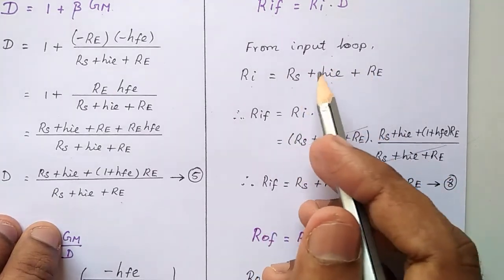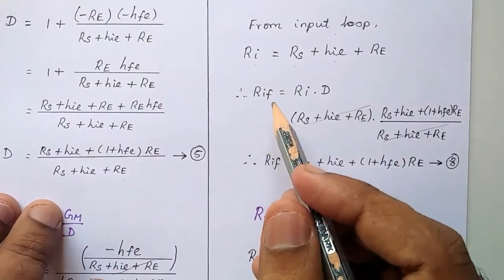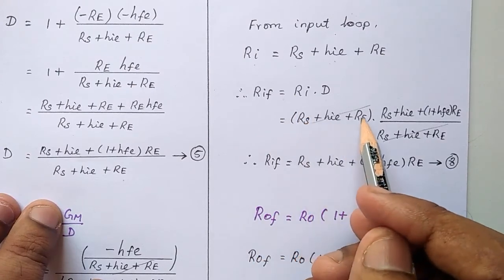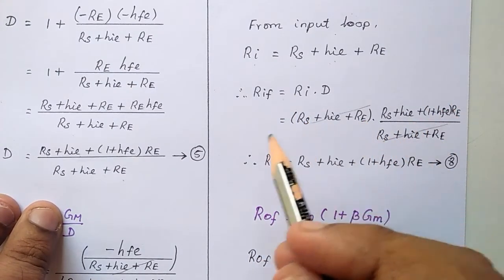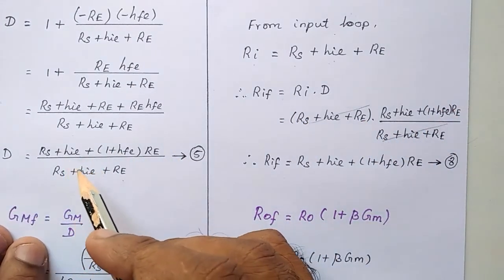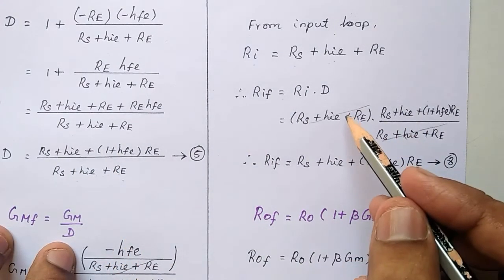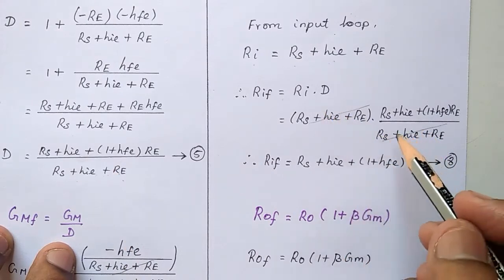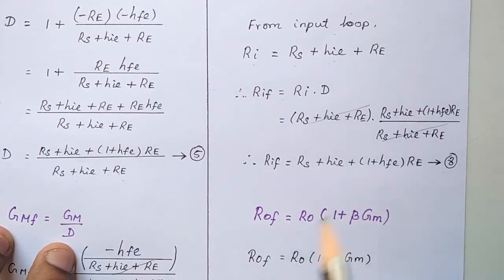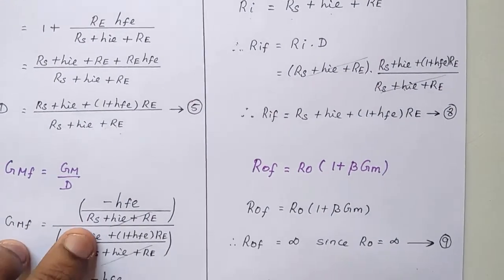So these combinedly called as RI. So RIF is nothing but the addition of these resistance into D. D parameter is already found here. So RS plus HIE plus RE, this is available in denominator. Here numerator also there, so gets cancelled. Finally we have, this is the expression for input resistance with feedback, equation 8.